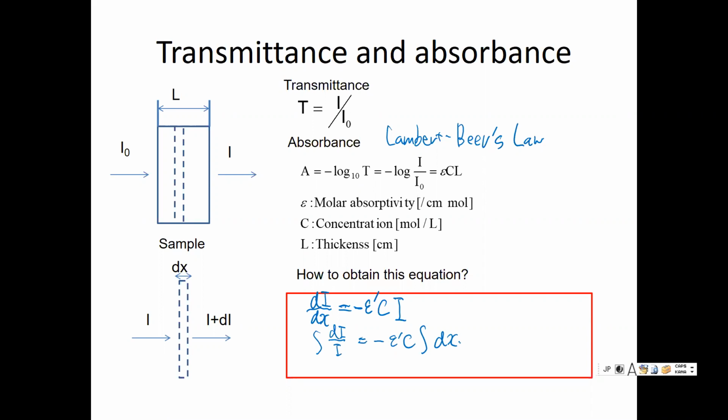So for the range of the integration, initially the light intensity is I0, and in this case the thickness x is 0.